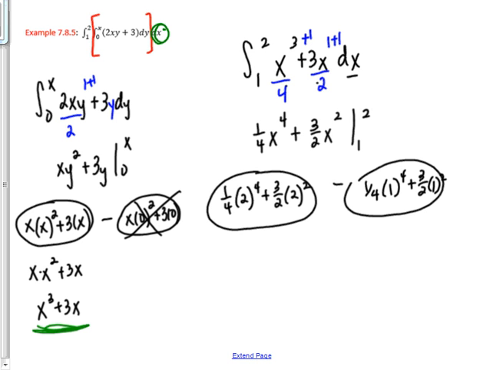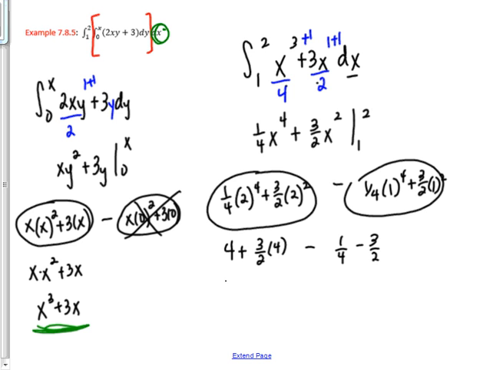Okay, so 2 to the 4th is 16, and 16 divided by 4 is just 4. Alright, 2 squared is 4, and so that's 3/2 times 4 minus a 1/4 and a minus 3/2.